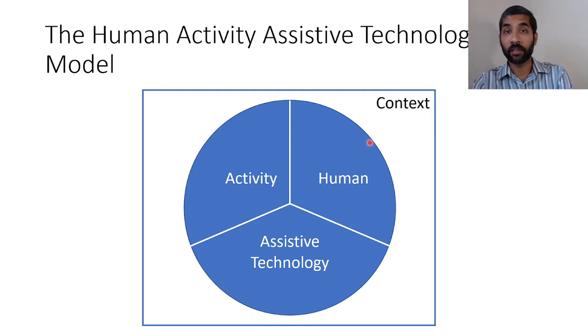So for example, you could say, well, this person cannot walk because of, let's say, a spinal cord injury, and so that's the problem.